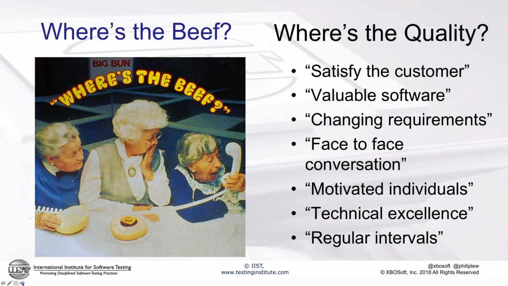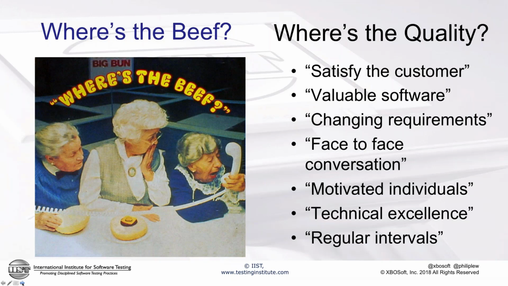I remember that commercial a few years ago. I'm probably dating myself. I think this is from the 80s when Wendy's had that commercial, where's the beef, right? So where's the quality? So, think about it in terms of, I went to the principles of the Agile Manifesto and I grabbed out some stuff in here. And we have what?